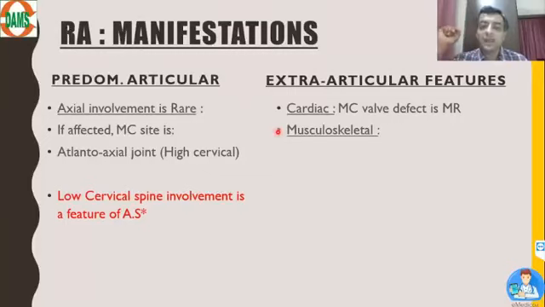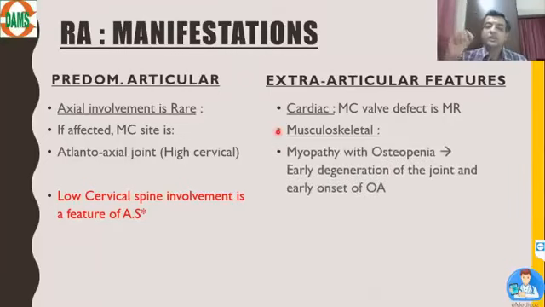What is the feature in musculoskeletal involvement? The patient can present with myopathy with osteopenia.